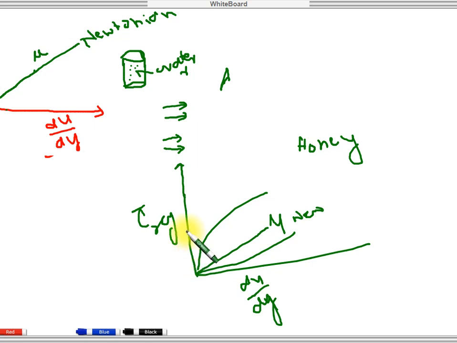And some fluid, while you are increasing the stress, no change will occur. I am applying the stress but no change occurs, and suddenly when I reach the stress here, the fluid moves like this. It is a straight line, not a curve, which we call the Bingham plastic fluid.